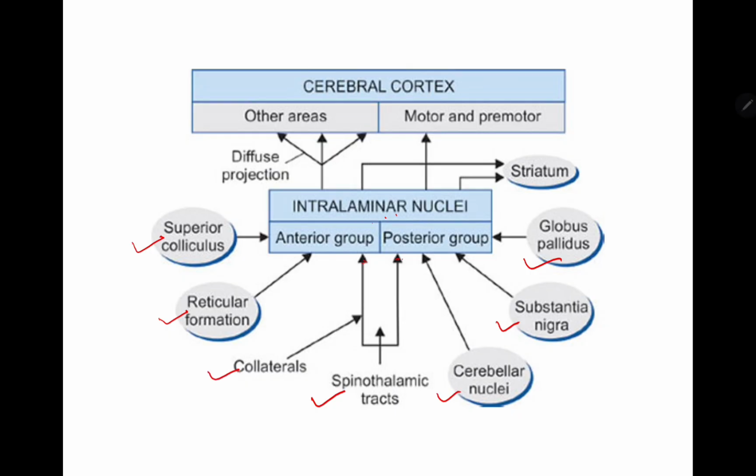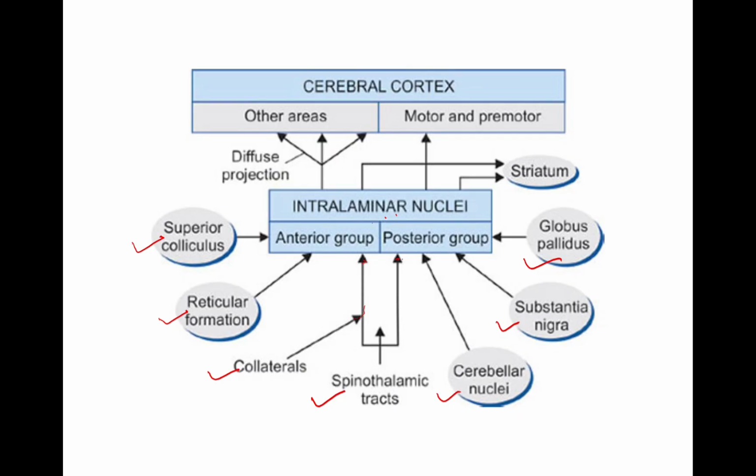They are side branches from other nerve tracts. They join up with the spinothalamic tract and get into the anterior and posterior groups of the intralaminar nuclei. So all of these, they don't send information to just one spot.